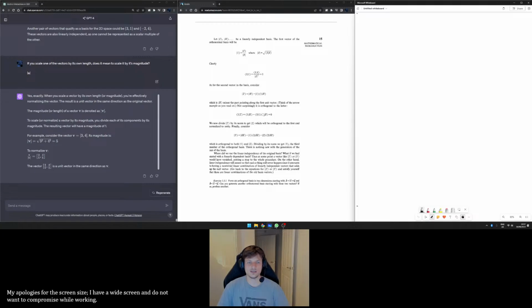scaled by this. So if 1, 1 is a scalar, it's multiplying this by some certain number. So okay, let me just put this. If you had 1, 1, it's saying that 1, 1 equals 1, right?